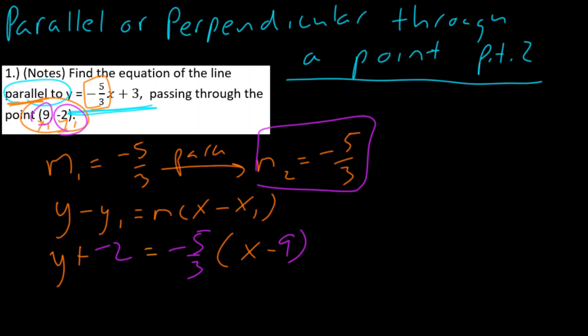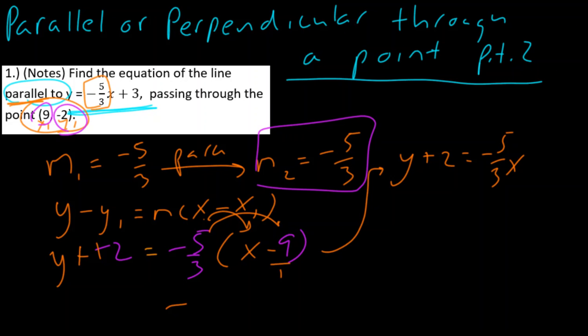Now, from here, let's go ahead and start doing some simplification. We know that two negatives make a positive, and I can go ahead and bring this up here, and I can say, you know what, y plus 2 is equal to, well, negative 5/3 times x is negative 5 over 3x. But what about negative 5 over 3 times negative 9? Well, remember, we can change that 9 into a fraction by putting it over 1.